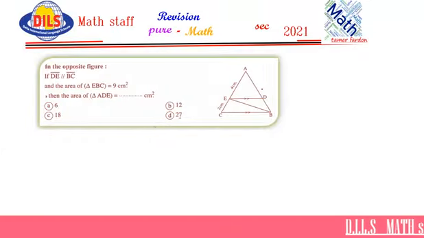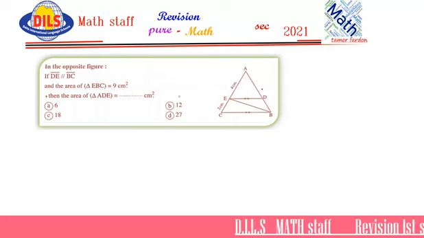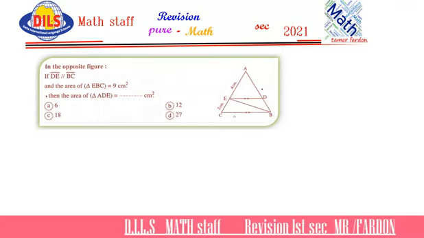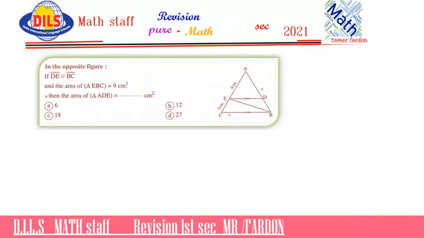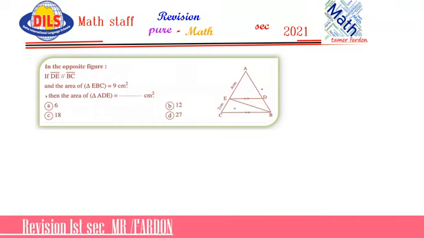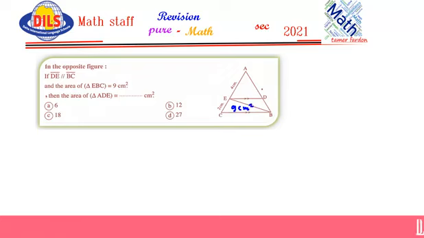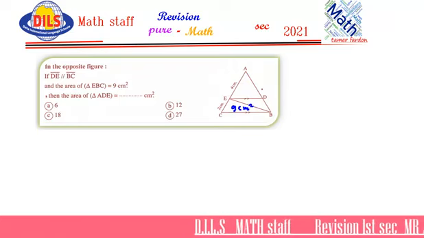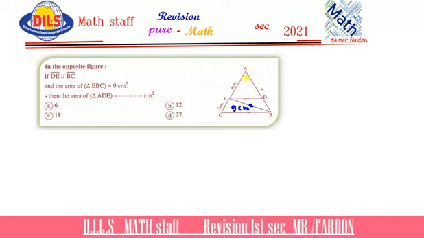Another one, the opposite figure, AD parallel to BC. Area of triangle PEC is 9 centimeter square. Then the area of triangle ADE.